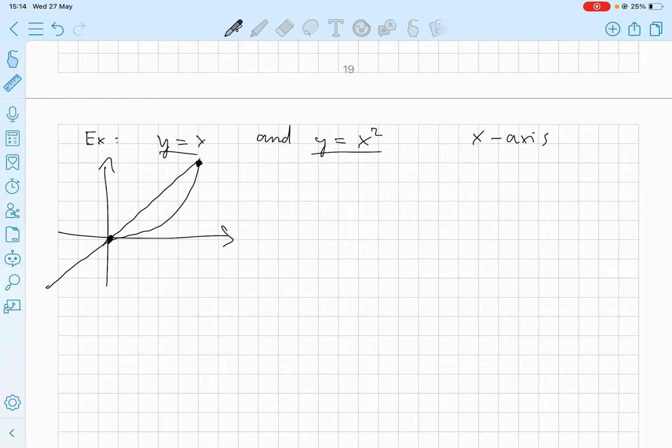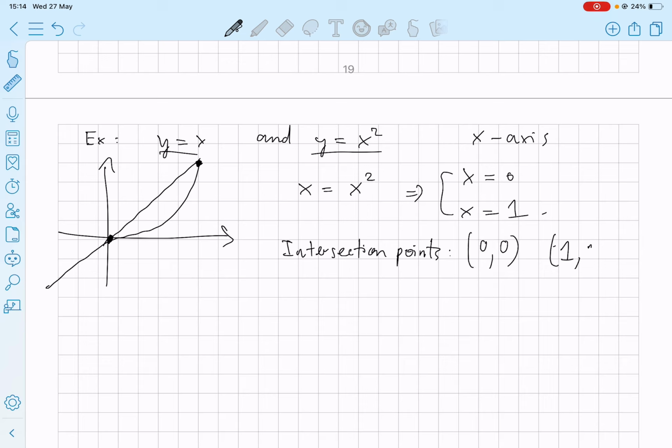Now we have to find the intersection points. We set these two equations equal to each other, and it will give us x equals 0 or x equals 1. So the intersection points are (0, 0) and (1, 1).